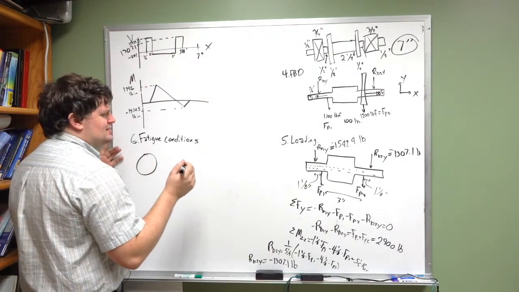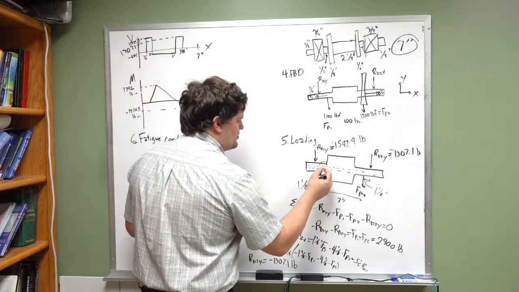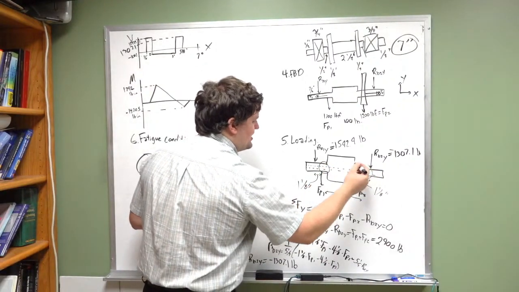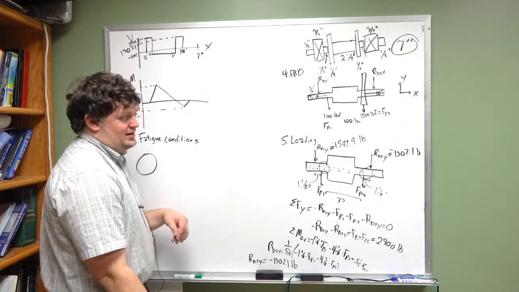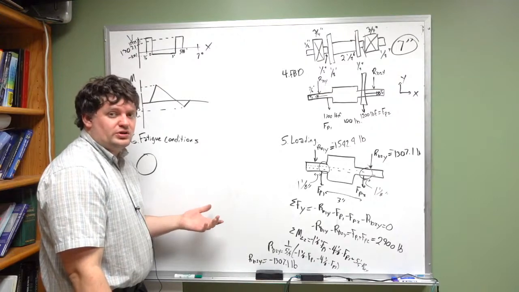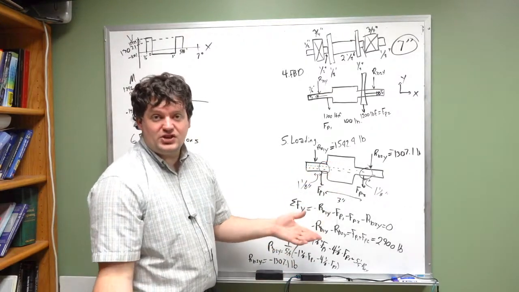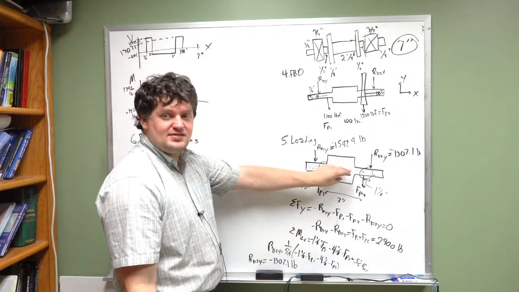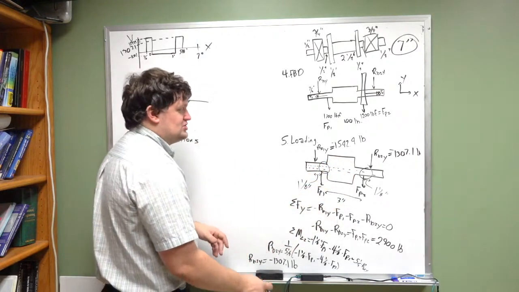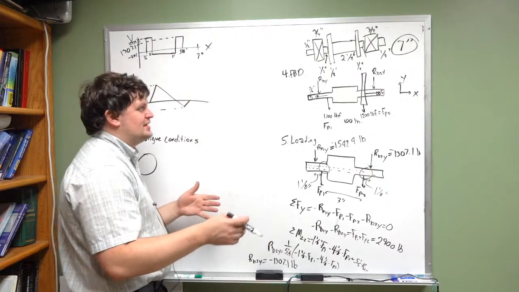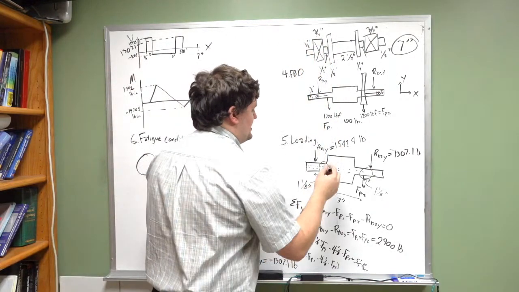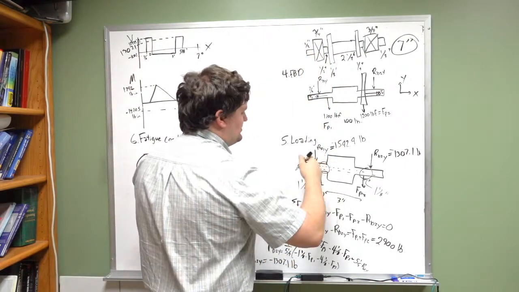So I'm going to go ahead and say that the critical locations for this are going to be here and here. And it really doesn't matter what we're going to do for the step shaft. We can only make it maybe a 1/2 inch larger and have that step just be kind of a placeholder for our pulley to butt up against. So we're going to go ahead and say, you know what?